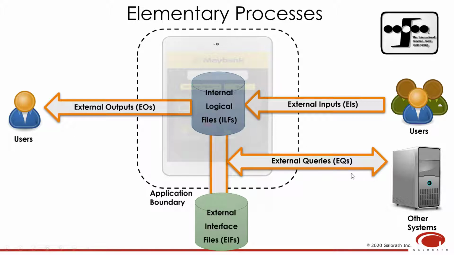External queries present information to the users or external systems as well, but these do not include any calculations. External queries are purely a retrieval and presentation of data. Internal logical files, this is the data that is owned and maintained by the application, while external interface files is data that the application uses as reference only.